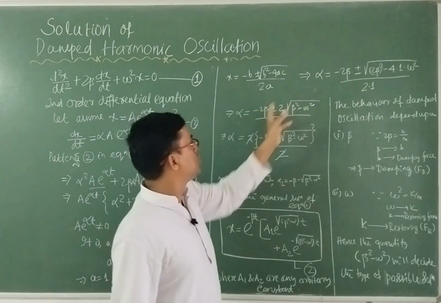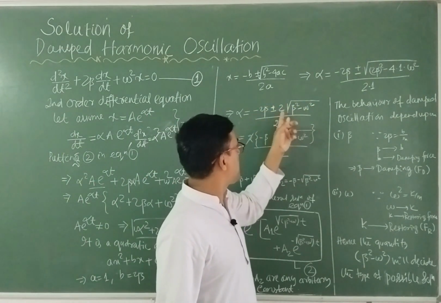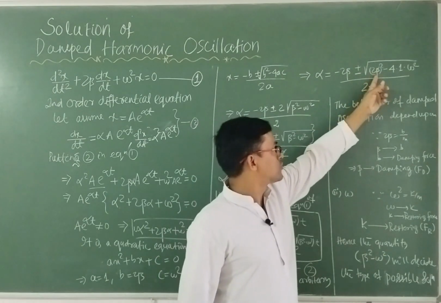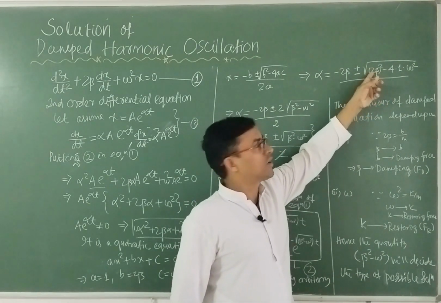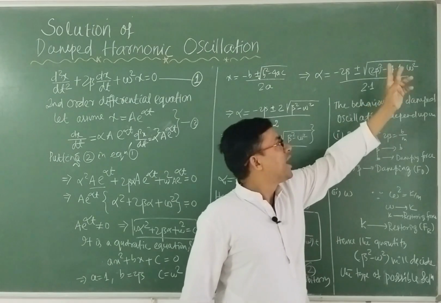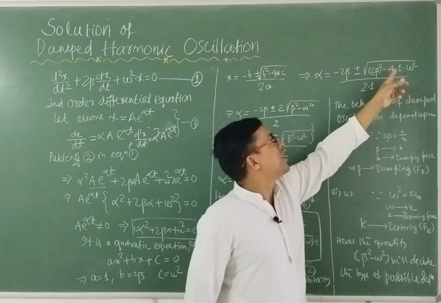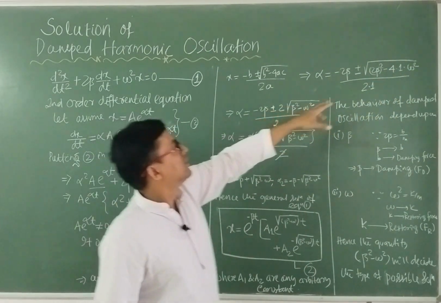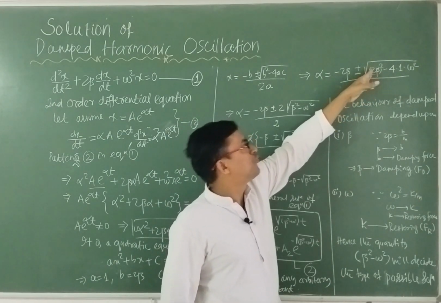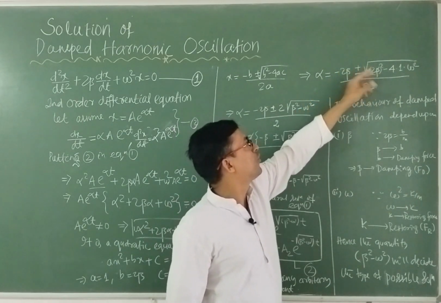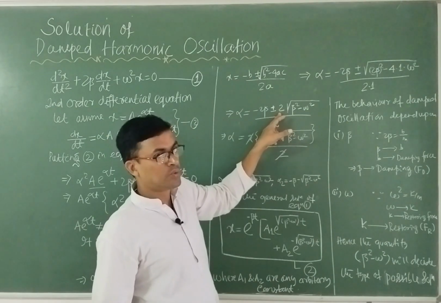So we find alpha equal to minus 2 beta plus or minus the square root of, opening 2 beta square, 4 beta square minus 4 omega square. If we bring this 4 outside, the square root of 4 will come as 2.